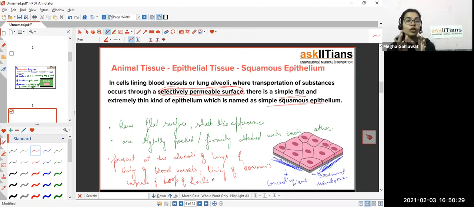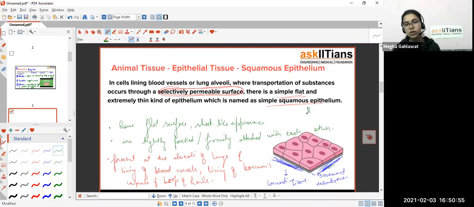You see, alveoli, in the 7th standard, you must have learned about the different systems present inside the human body, the respiratory system, digestive system, etc. There you must have learned how lungs are filled with small balloon-like structures, which aggregate in the form of a grape, see, like this.